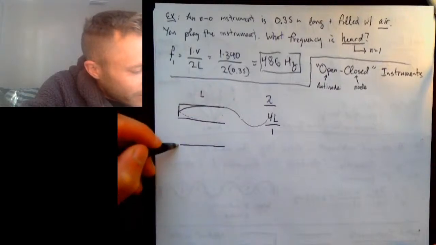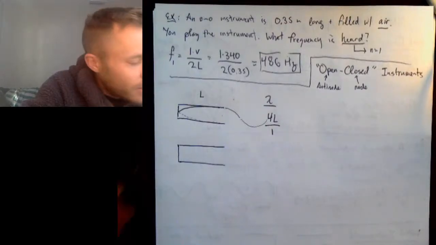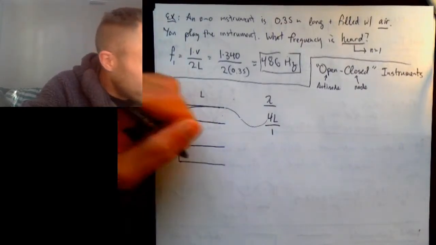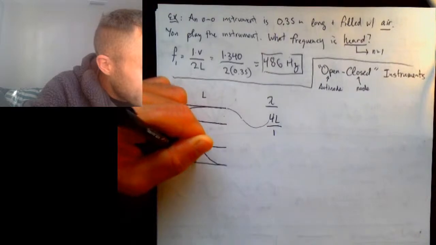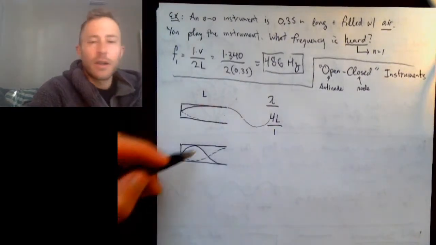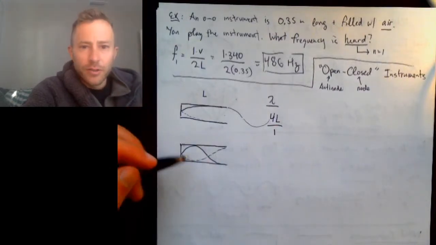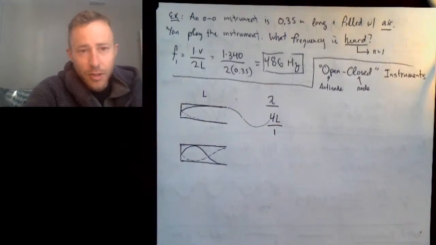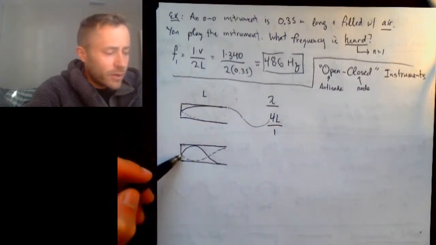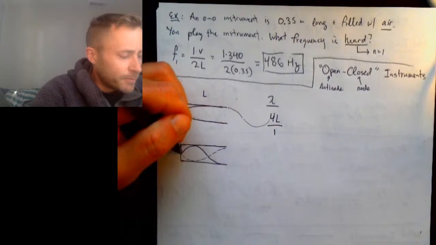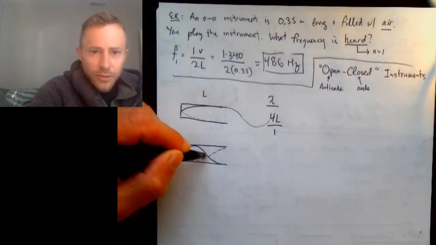To go to the next harmonic, what we do is we add a football. I'm going to add a football to the left end of the instrument. So I have a football, and then like that. That is the next harmonic, and I'm saying next harmonic intentionally. If we look at this, we've got a full crest and half a trough.